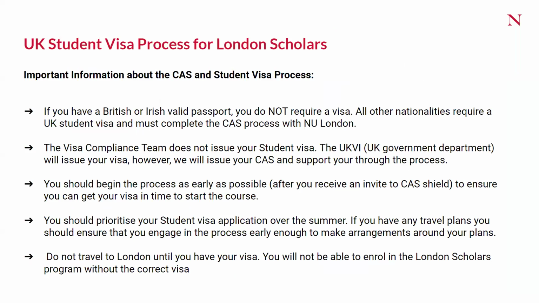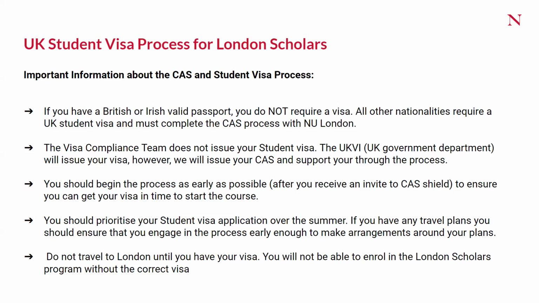So just some important information about the CAS and student visa process. If you have a valid British or Irish passport, for example, you might be a British national, an Irish national, or have one of these passports as a dual national, you do not require a visa. You will have to enter the UK with either your British or Irish passport, but you will not require a visa to study on the London Scholars Programme.